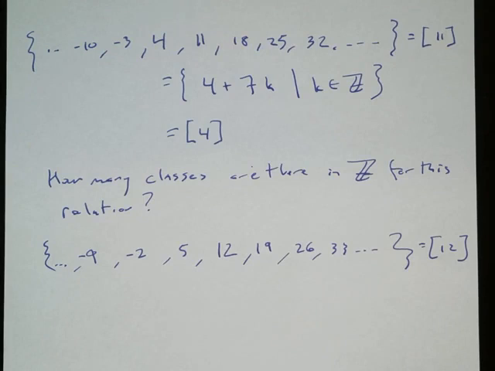How many remainders are possible when you divide by 7? Zero, 1, 2, 3, 4, 5, 6. A total of 7 distinct, separate classes.